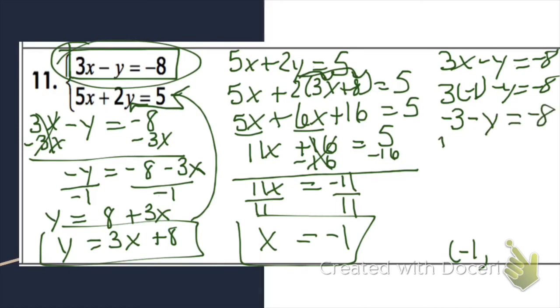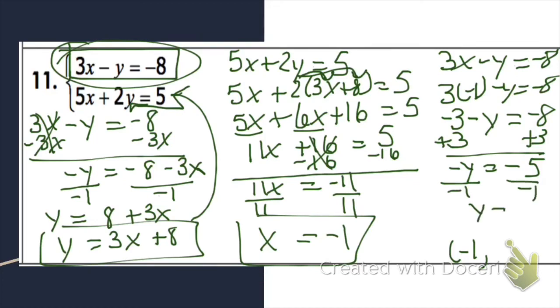I'm going to add 3 because it's the inverse of subtracting 3. And I'm left with negative y equals negative 5. However, I can't have a negative value for my y, so I'm going to divide by negative 1, and y equals 5. So where my two lines are going to intersect, my y value will be 5. The coordinate is negative 1, 5.